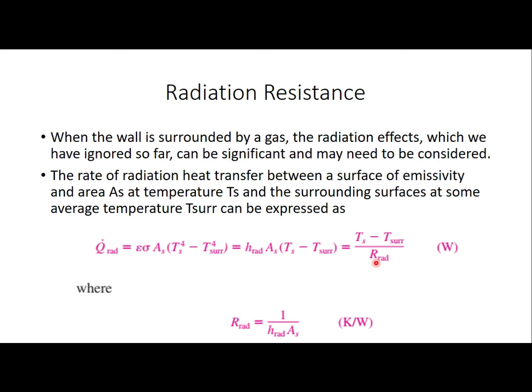So this radiation resistance is the reciprocal of h radiation multiplied by the surface area. Keep in mind that the radiation resistance is inversely proportional to the radiation heat transfer coefficient multiplied by the surface area.